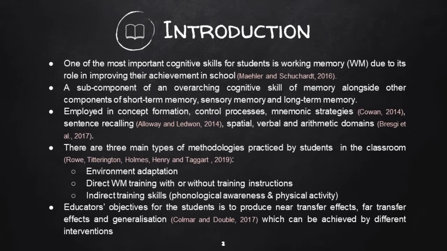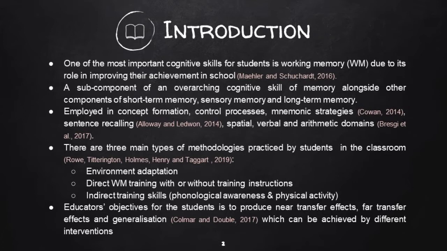One of the most important cognitive skills for students is working memory due to its role in improving their achievement in school. Working memory is a subcomponent of an overarching cognitive skill of memory alongside other components of short-term memory, sensory memory, and long-term memory.